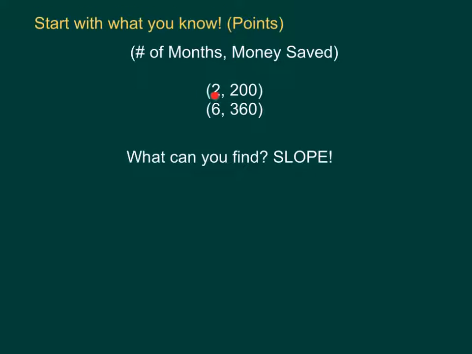So after 2 months, I've saved $200. After 6 months, that's the now in this problem, we've saved $360. Well, if I have 2 points, I know that I can find slope. And so I need to bring up the slope formula. Of course, the slope formula is m equals y2 minus y1 over x2 minus x1.